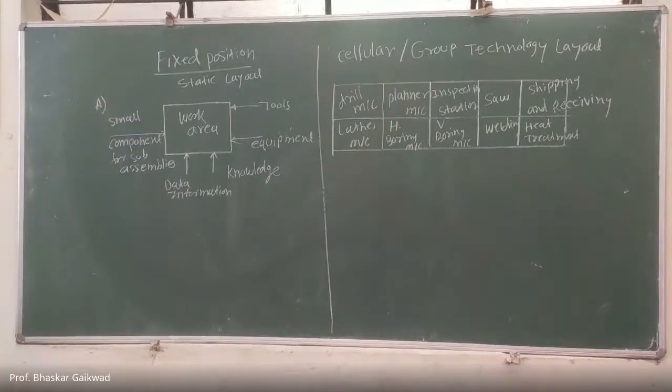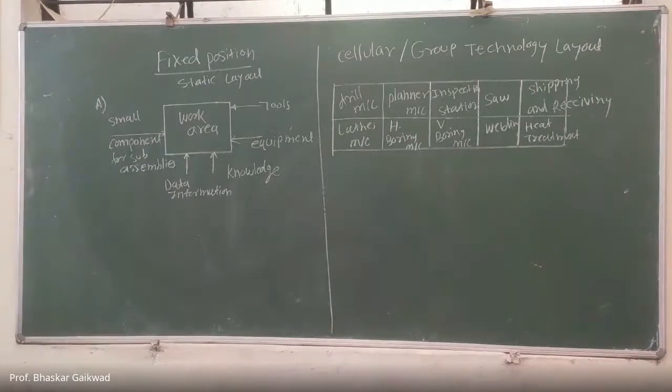Work in progress problem is there, and lack of line balance and coordination. These things are always there in the process or functional layout. So up to here we have studied.